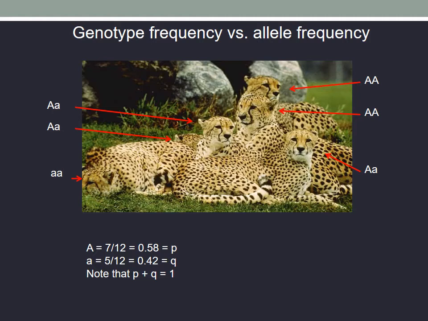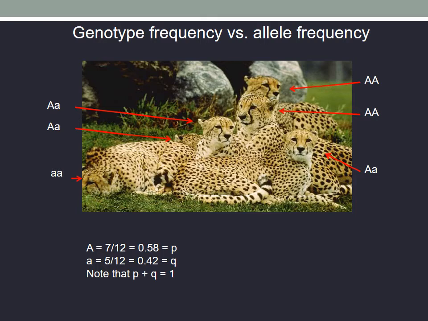We are going to look at genotype frequency versus allele frequency a little bit here. In this, you can see that we have a group of cheetahs. Quickly, let's see how many cheetahs you can find. I know a bunch of you are going to tell me that you only found 4, but if you look, there are 6.